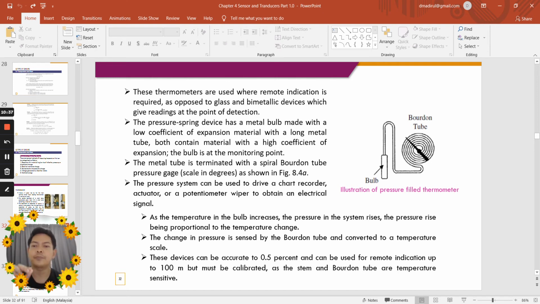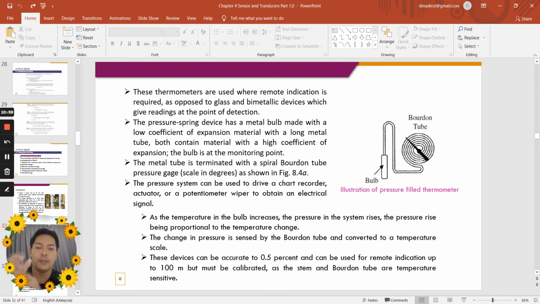The pressure system can be used to drive a chart recorder, actuator, or a potentiometer wiper to obtain an electrical signal. As the temperature in the bulb increases, the pressure in the system rises, the pressure rise being proportional to the temperature change. The scale is pressure.